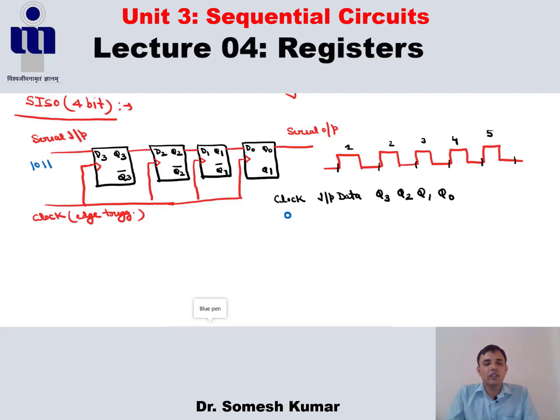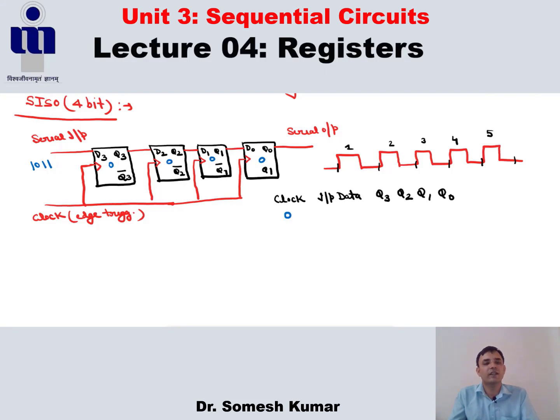So first, before the clock is applied, at the 0th clock cycle, we need to reset all these flip-flops initially to the 0th position. You know how to reset all these flip-flops? We already studied the preset and the set pins, input pins. So by using preset and the set pins, first we have to reset all these pins to 0, or sometimes this reset pin is also called the clear pin.